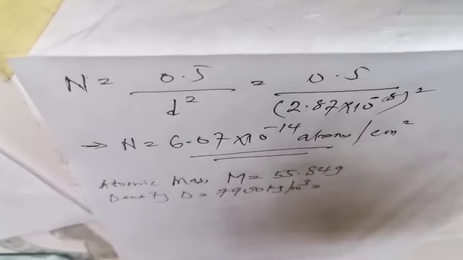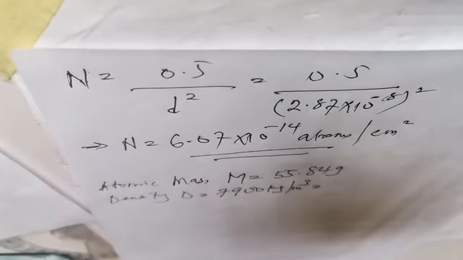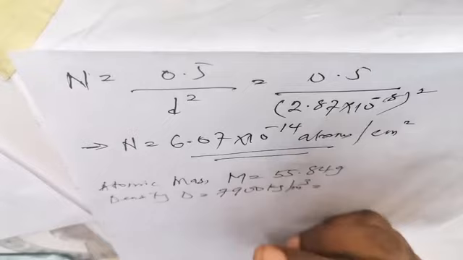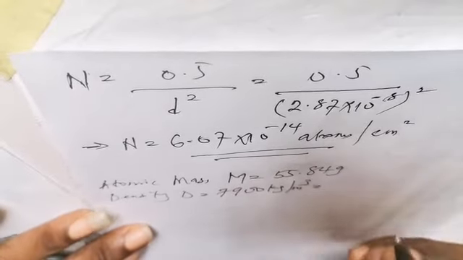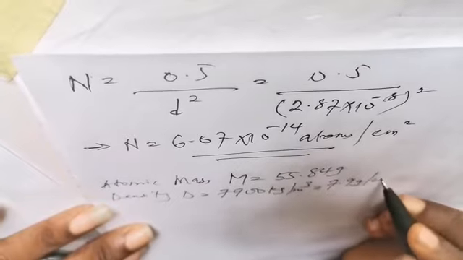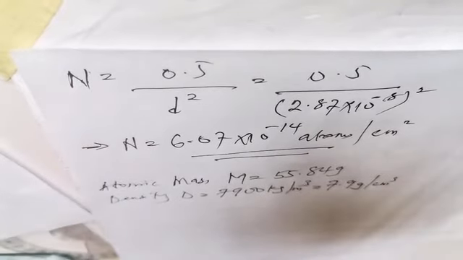So do well to convert this to gram per centimeter cube because density is usually measured that way. Like I said, in this part of the world, in Rivers State University, you always convert your lattice parameter, and your density must be in gram per centimeter cube. So you divide through by 1000 to convert this to gram per centimeter cube. If you divide it by 1000, you're going to have 7.9 grams per centimeter cube. That becomes the value of your density.